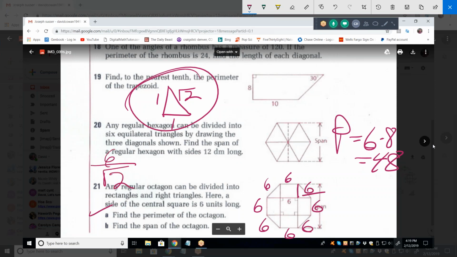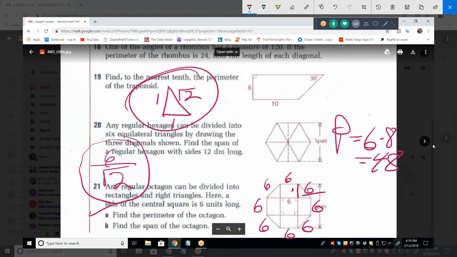In other words, I've taken the hypotenuse of this versus the hypotenuse of this. So this is the same ratio that all of these sides have to have. So instead of a 1 here, what is that? It's 6 root 2.